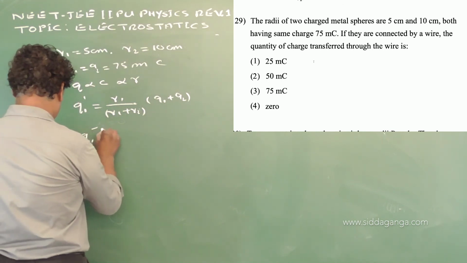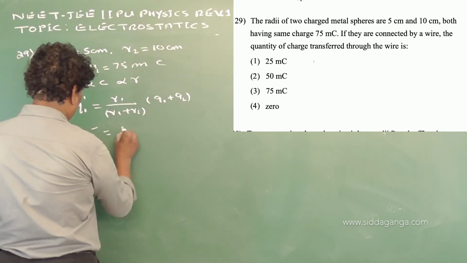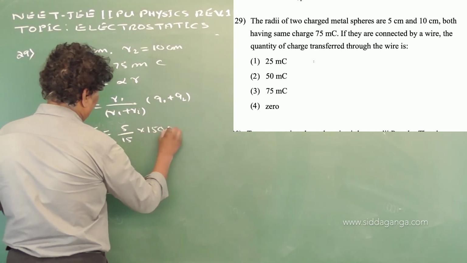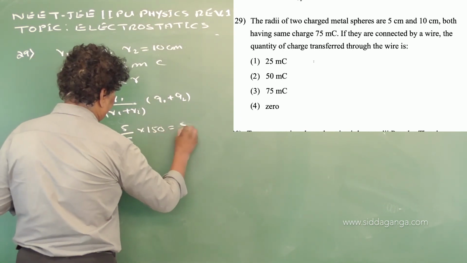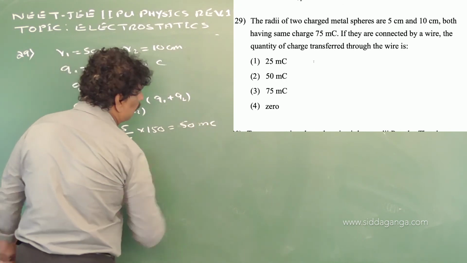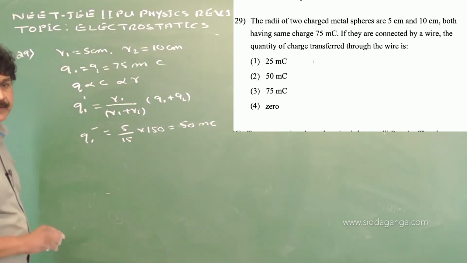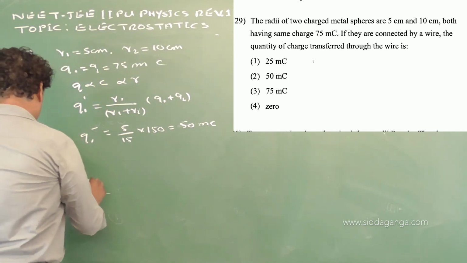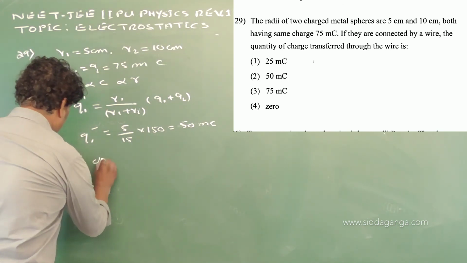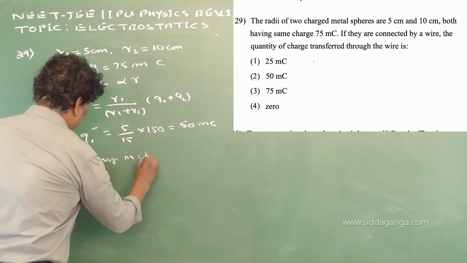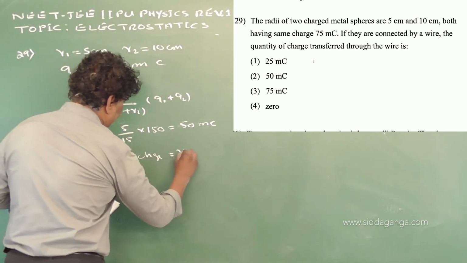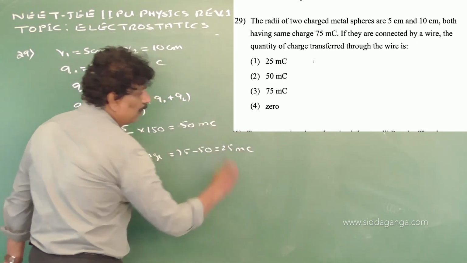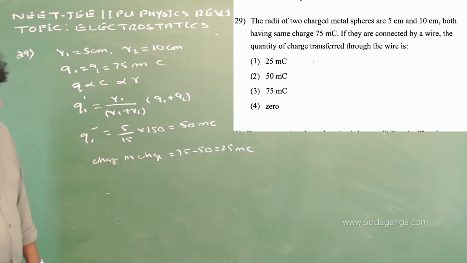Therefore, Q1 dash is equal to 5 by 15 into 150, that is equal to 50 millicoulomb of charge. Now the change in charge is 75 minus 50, that is 25 millicoulomb. The option is 1.